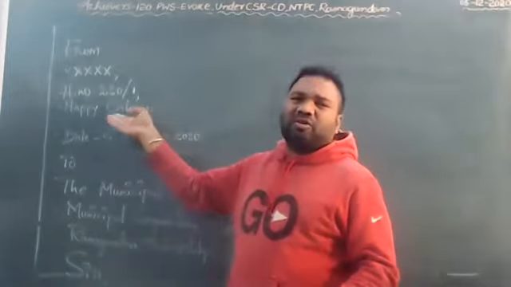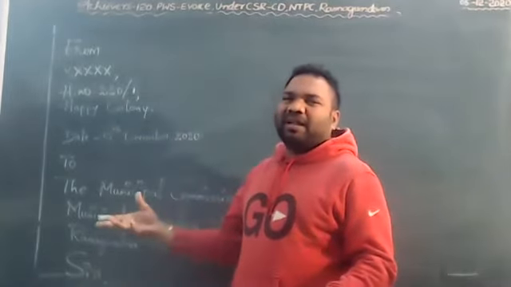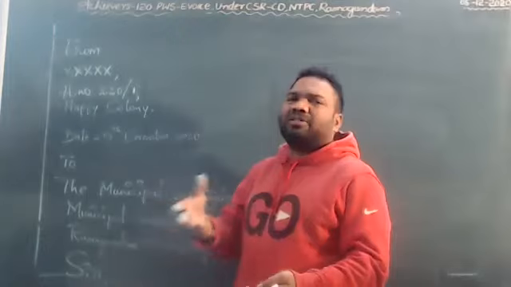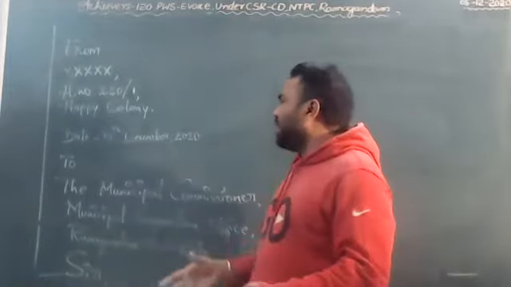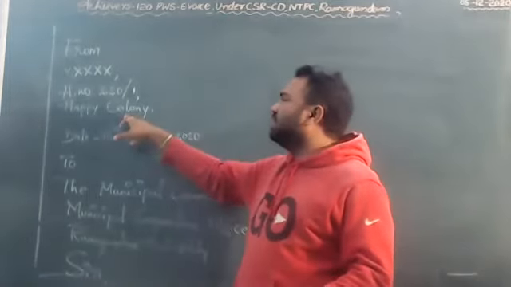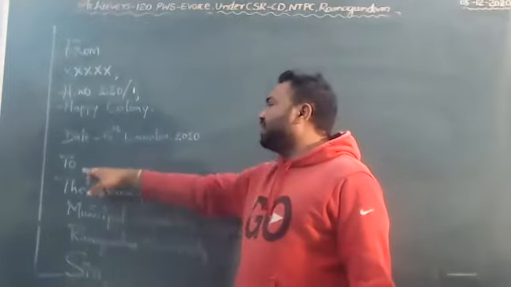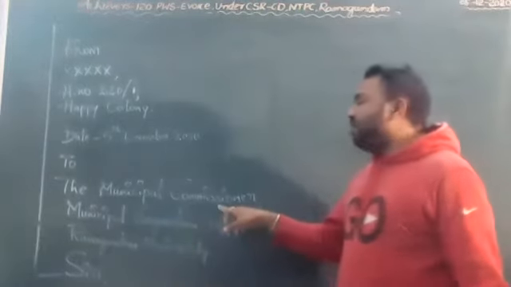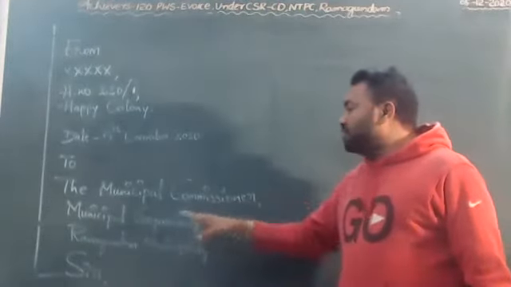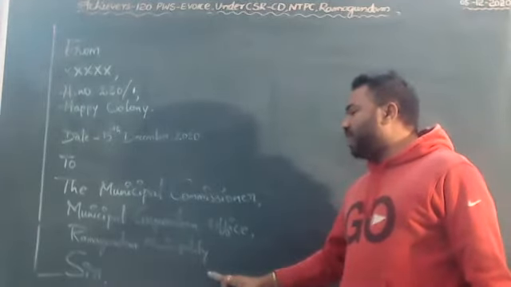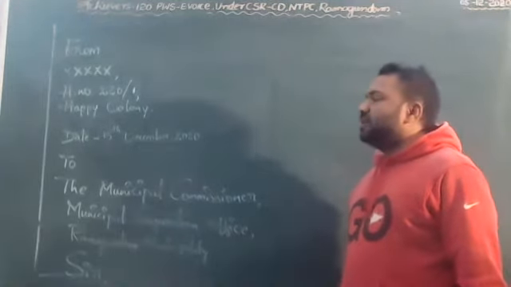You can also mention Godavari, but it's okay, because they know we all belong to the same location. So I just have written here Happy Colony. Next, date, and after that, to the municipal commissioner, municipal corporation office, Ramagundam municipality, sir.